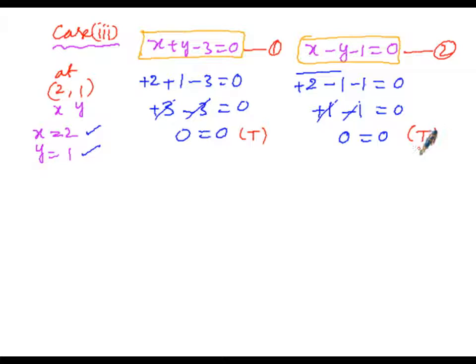In both the conditions, this ordered pair 2 comma 1 is satisfying, because both are true conditions.